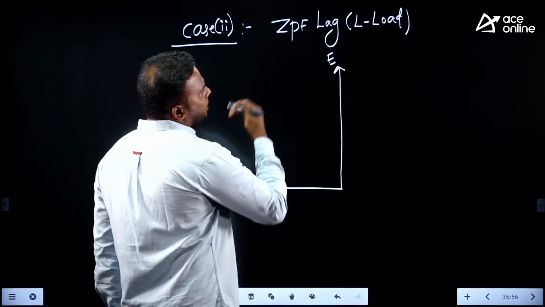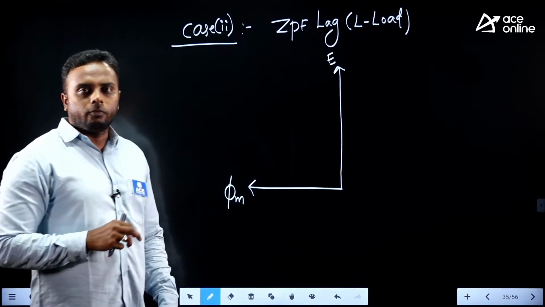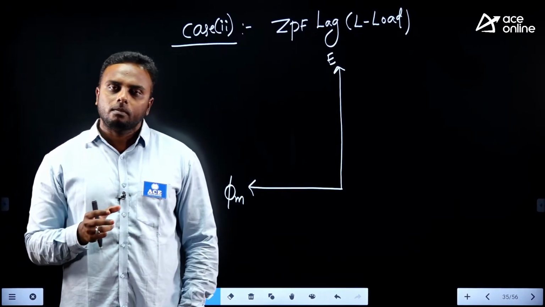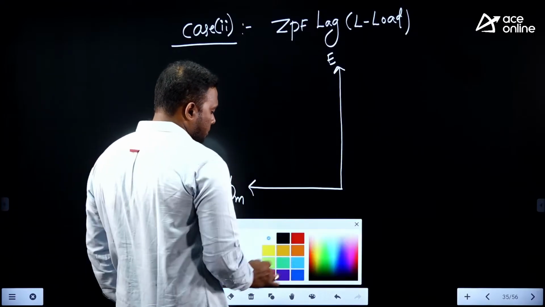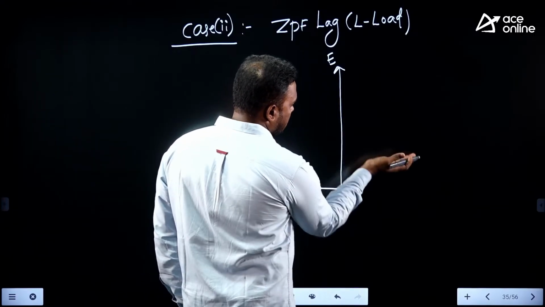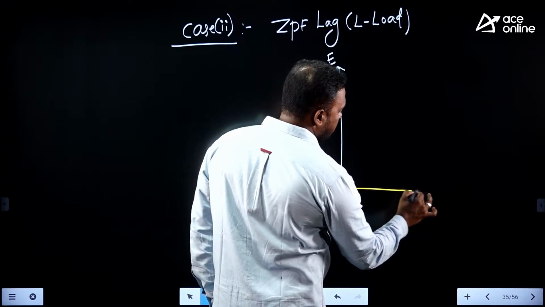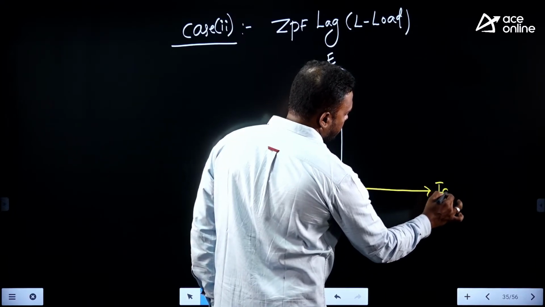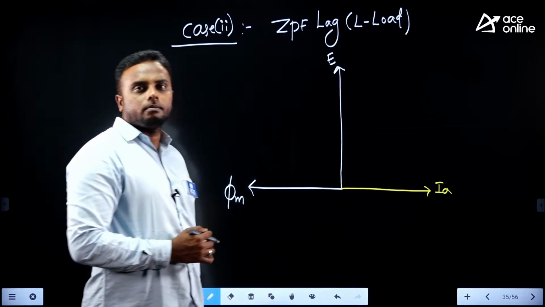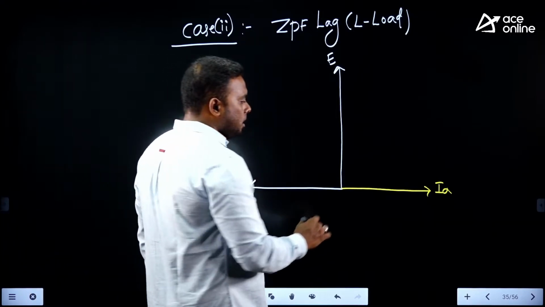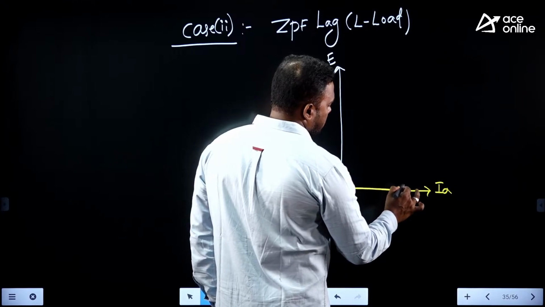Now what is the load we connected? 0 power factor. Cos phi equal to 0 means the angle is how much? 90 degrees. Current lags, purely inductive load, no? So current lags the voltage or EMF of the alternator by 90 degrees. This is IA. Now armature flux will develop due to armature current, and that armature flux will be exactly in phase with the current. This is phi A.